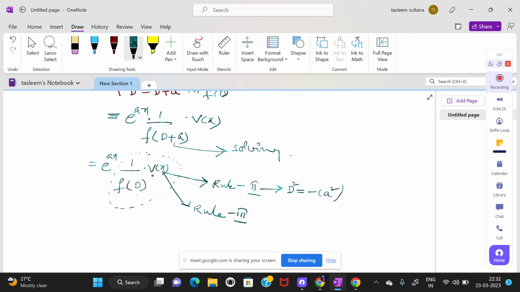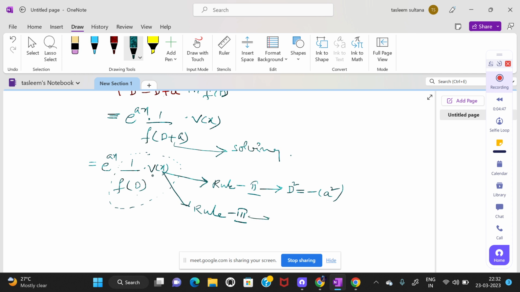And where any single D is left, we are going to rationalize it, for substituting D square equal to minus a square. That you know very well. Here f of D has to be not equal to 0. If it becomes 0, you have to move to the failure case.